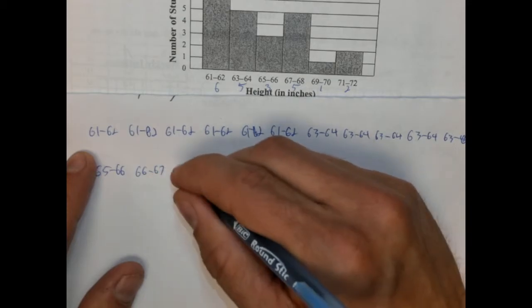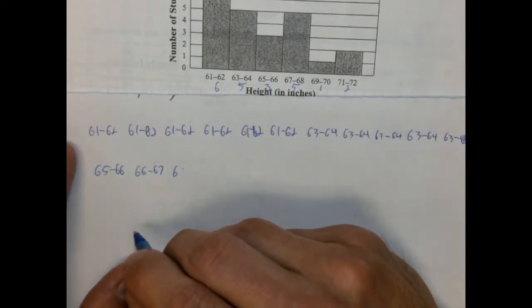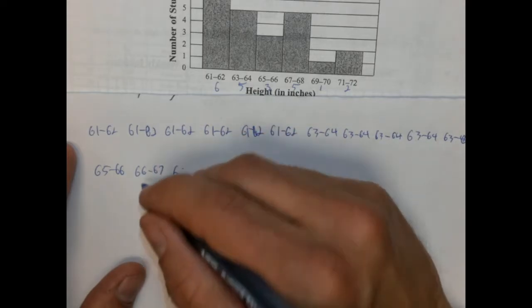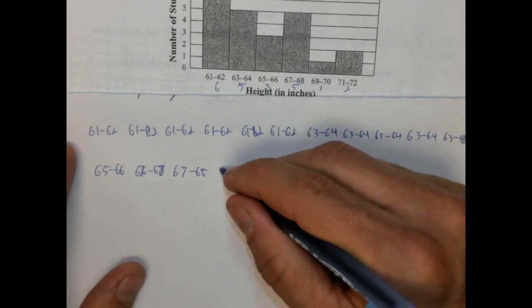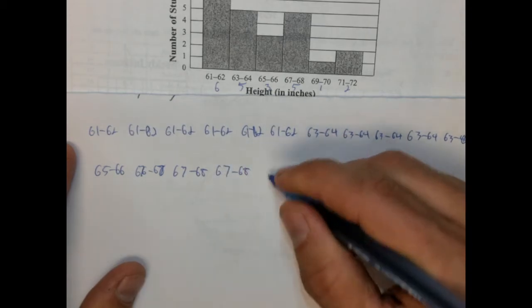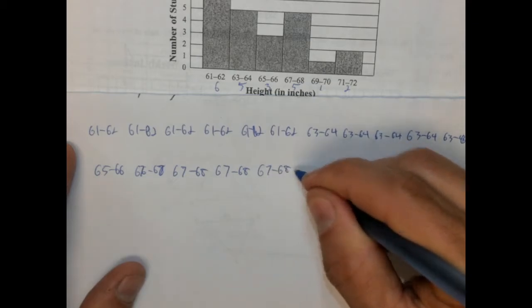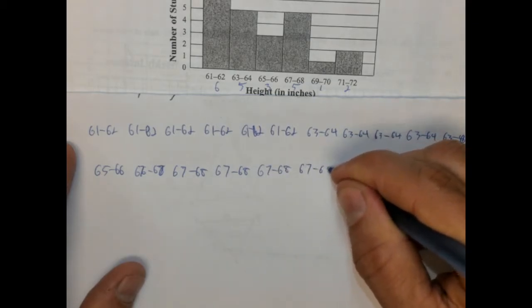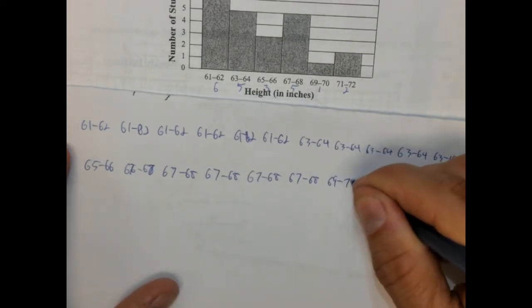67 to 68. Oh, I totally screwed that up. 67 to 68. 3, 4, 5. Okay. And then 1 of these, 69 to 70.